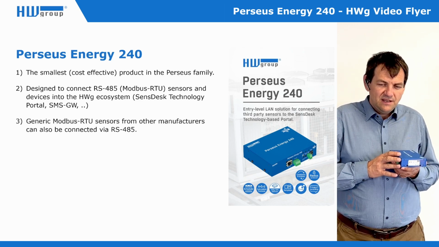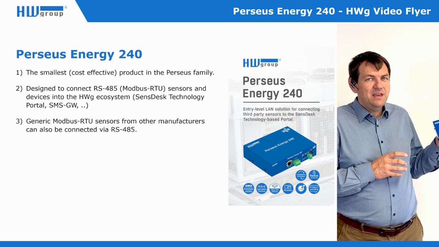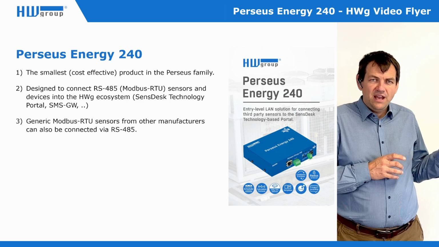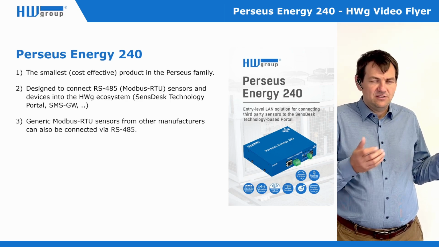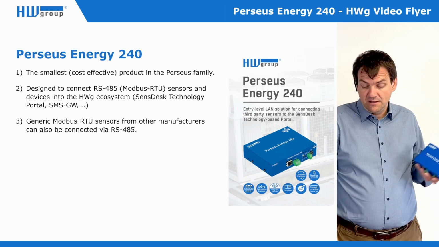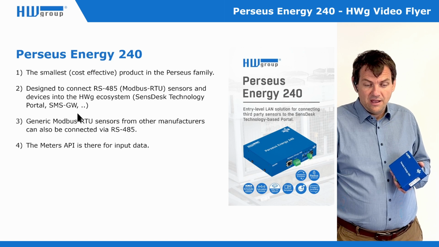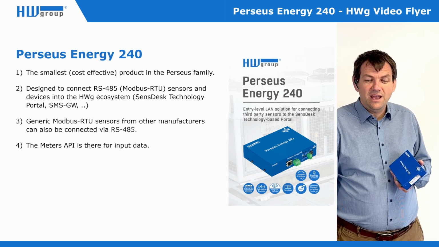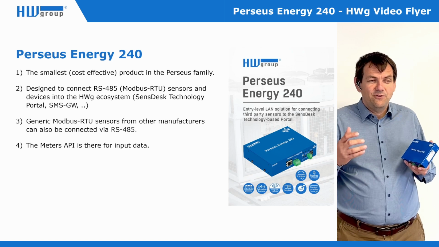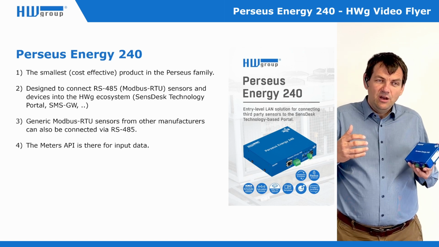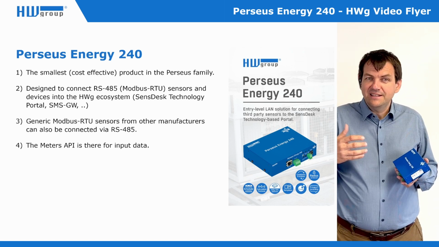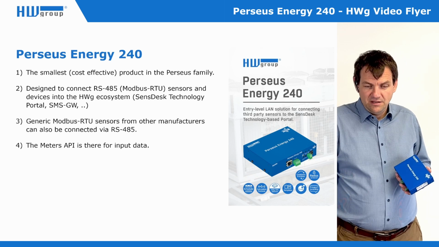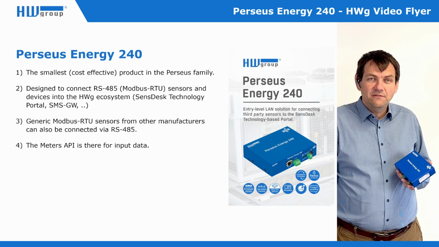The beauty is that this device can be a gateway to third-party manufacturer sensors or devices. The Meters API is a generic data input, so it can be used for anything from special water pressure sensors to electricity meters and things like that. And you can combine the features of the old sensors with the new ones.